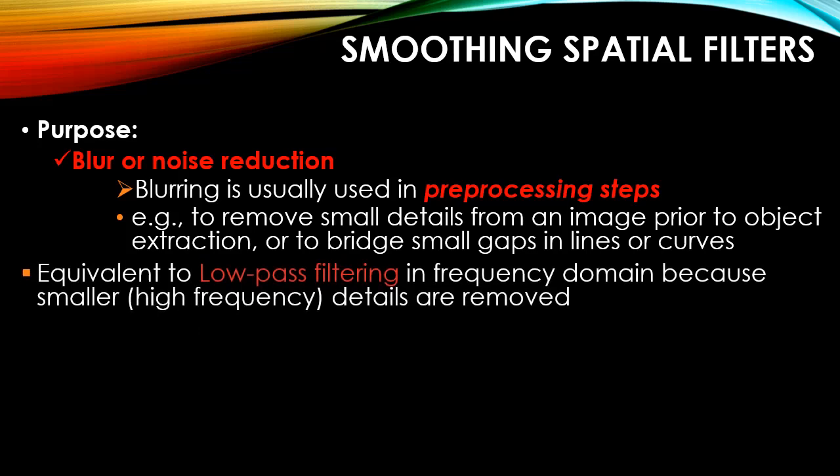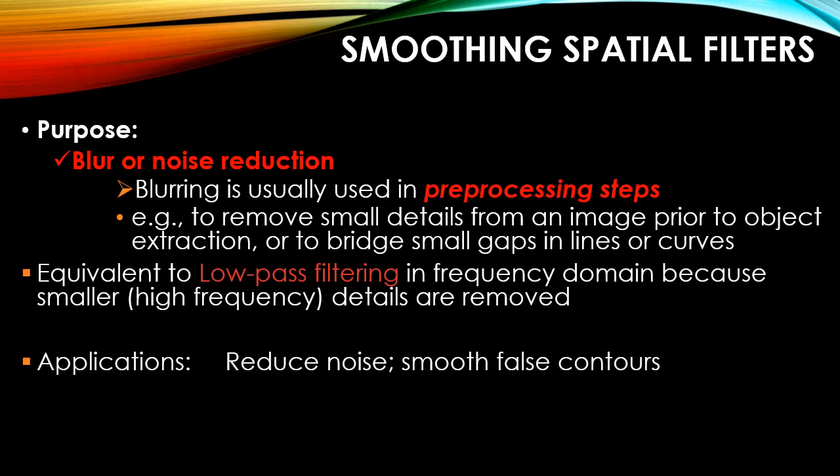It is equivalent to low pass filtering in frequency domain because smaller details are removed. These smaller details are basically high frequency components. The application of smoothing filters is basically to reduce the noise and smooth the false contours. There are some side effects, as it creates edge blurring, and basically the overall image will become blurry. We'll see in the next example.